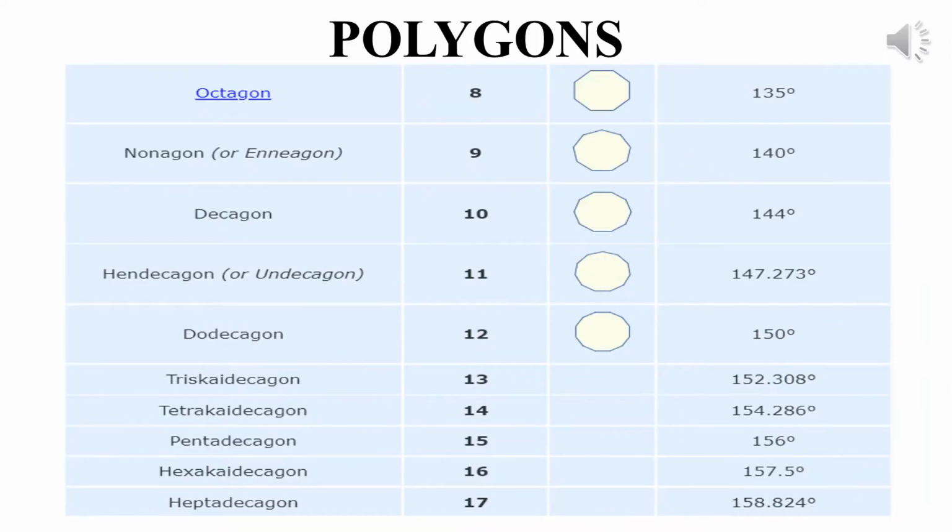Octagon has eight sides, interior angle is 135 degrees.